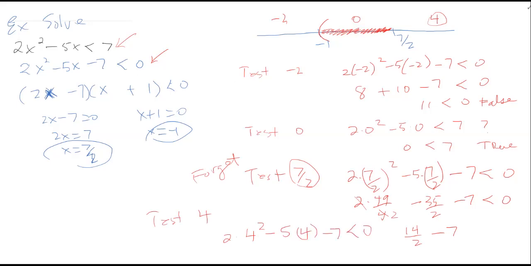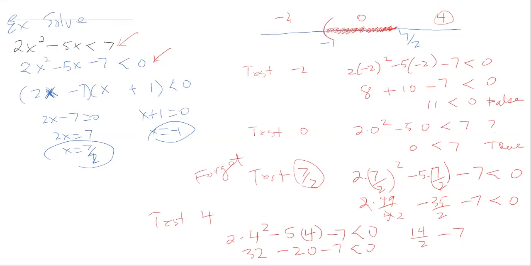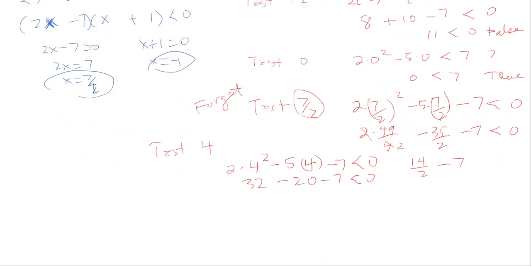Is that less than 0? Well, it's 2 times 16 is 32, minus 20, minus 7. 32 minus 27 is 5. True or false? That's false.